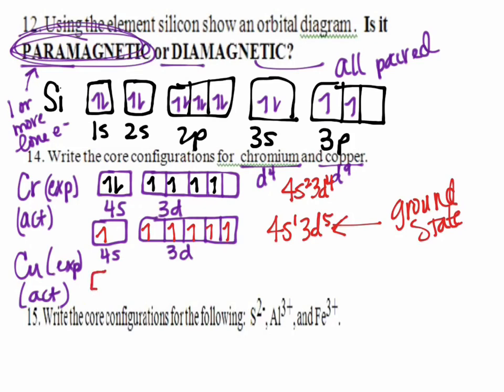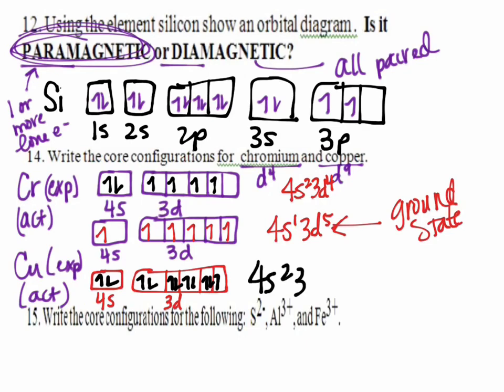So if I look at copper here, I have 4s and I have 3d. Then we have 1, 2, 3, 4, 5, 6. So we have 4s2, 3d9.